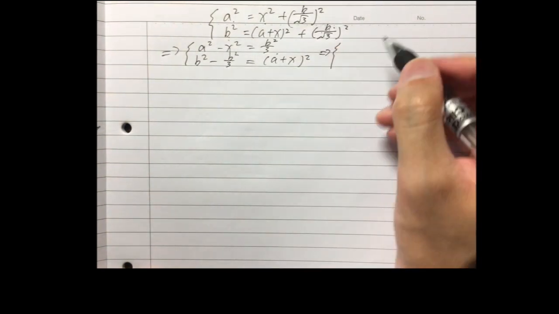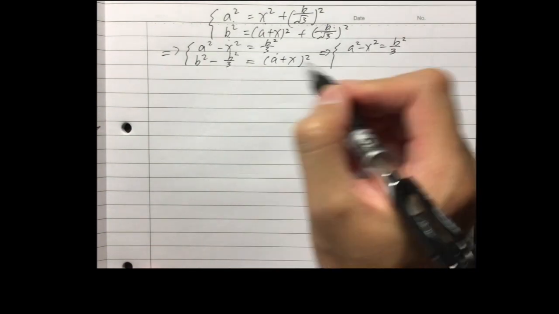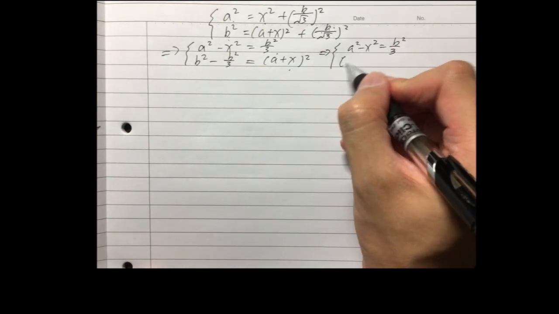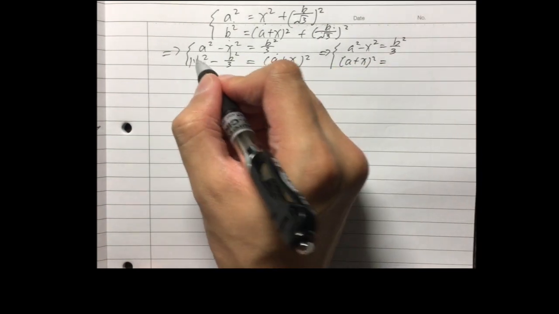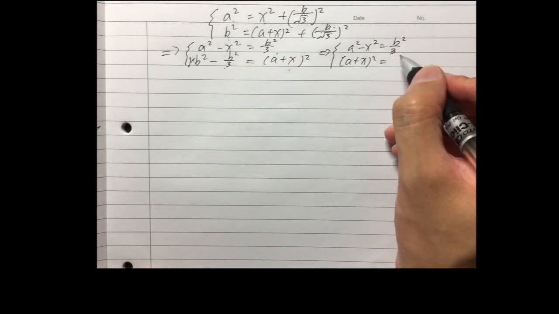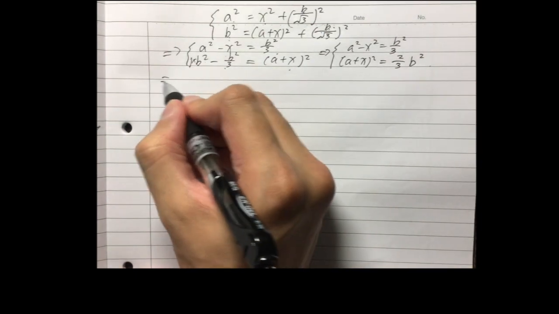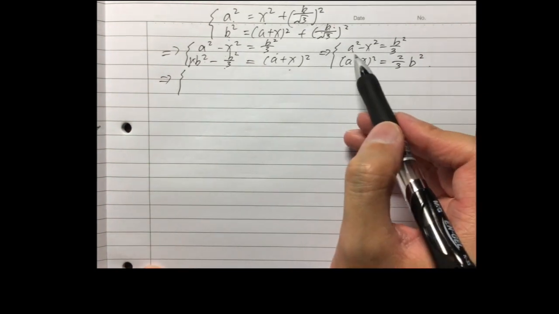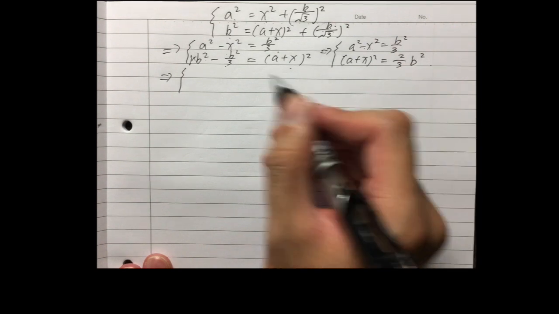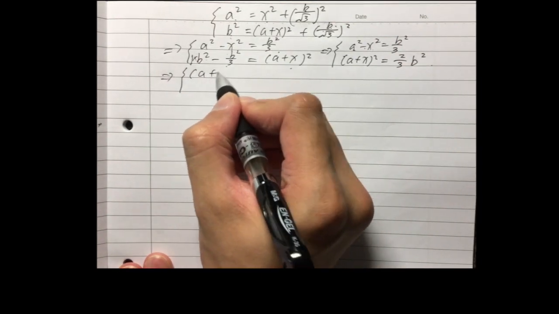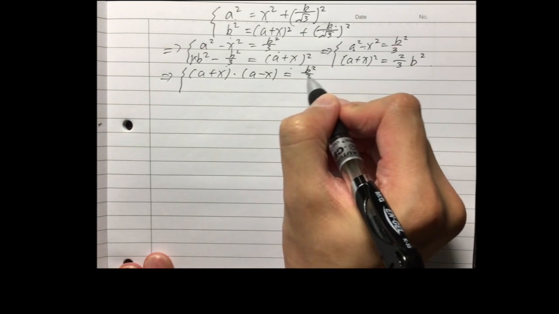I'll shift this to the left hand side and this to the right hand side. This will be 1 minus 1 over 3, which will be 2 over 3 times b squared. And we do some further simplification. This a squared minus x squared, we're so familiar with this, so we'll just write it in a simplified way: a plus x times a minus x equals b squared over 3.